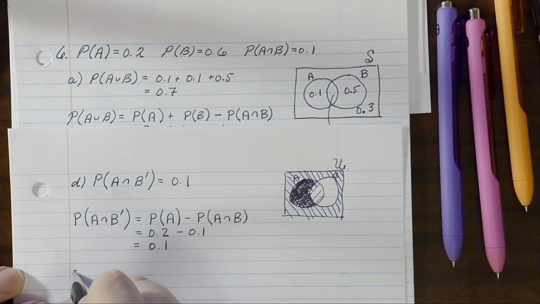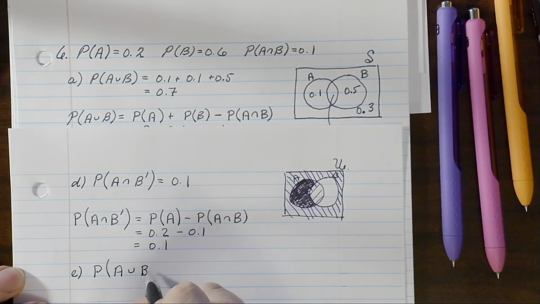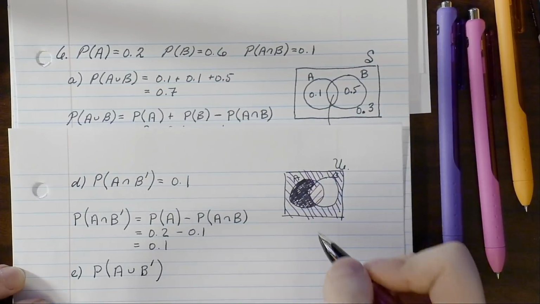Okay, and the last one is the probability of A union B complement.